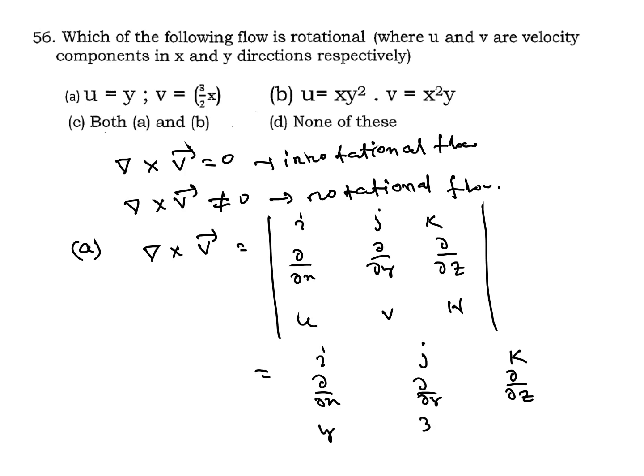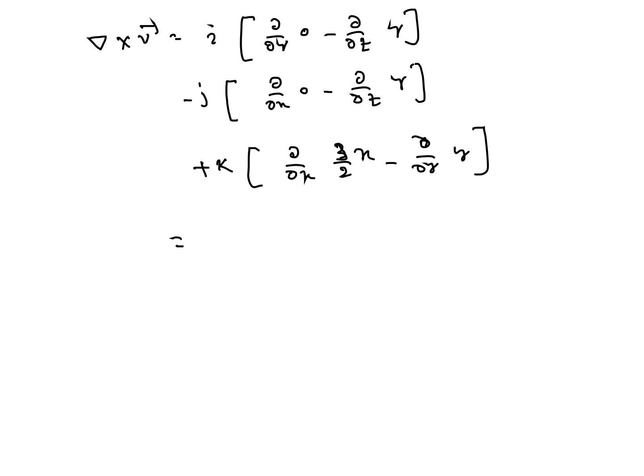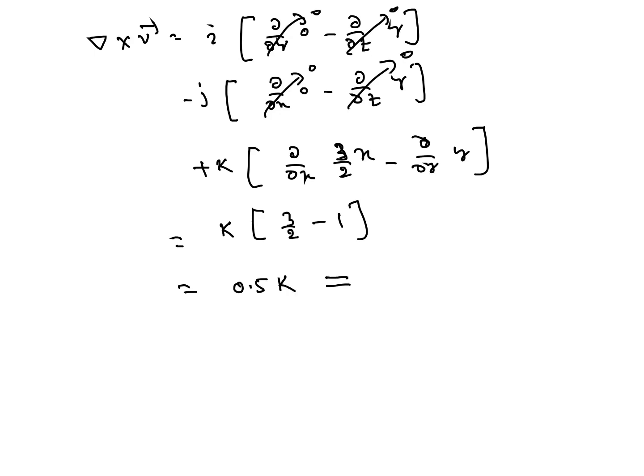So we will get 0 for i, 0 for j, and k into 3 by 2 minus k cap into 1. That is 1.5 minus 1, which is 0.5 k, which is not equal to 0. The flow is rotational flow. So A is our answer.